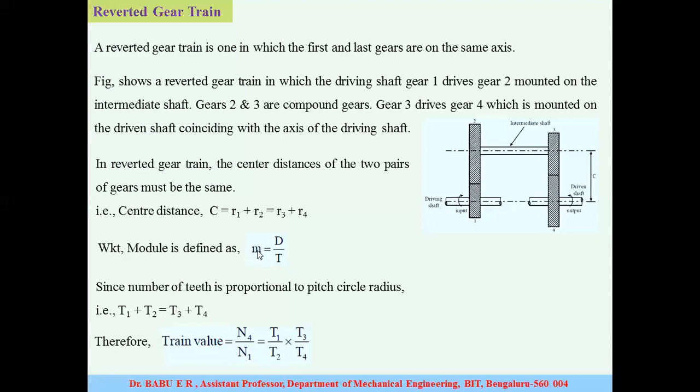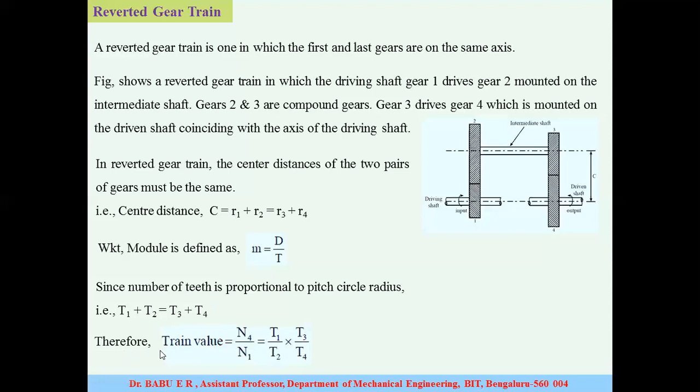So if module is constant, the number of teeth is proportional to the pitch circle radius. D I can write as 2 times R, so the number of teeth T is directly proportional to R. I can write directly, replacing R1 as T1, R2 as T2, R3 as T3, and R4 as T4. So T1 plus T2 is equal to T3 plus T4.